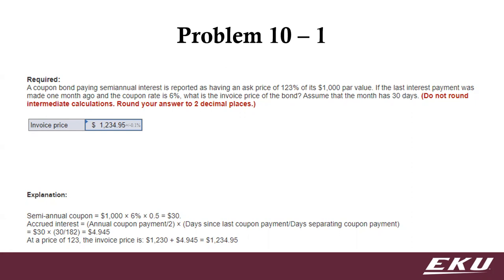And so we just calculate that as normal. But then we know that when you go to buy this, you have to pay for the accrued interest since the last coupon payment, right? So we calculate what it will be, and then we have to calculate what that extra little bit of interest is. In this case, it ends up being just under $5, and we have to add that back in to show that price.